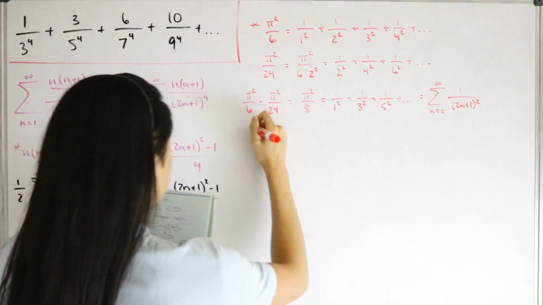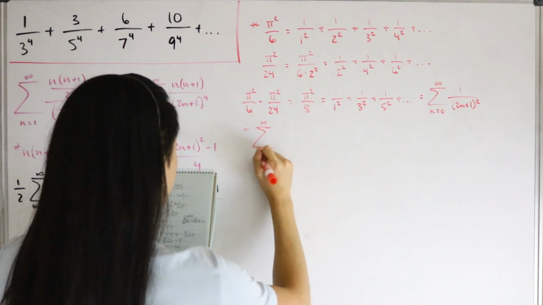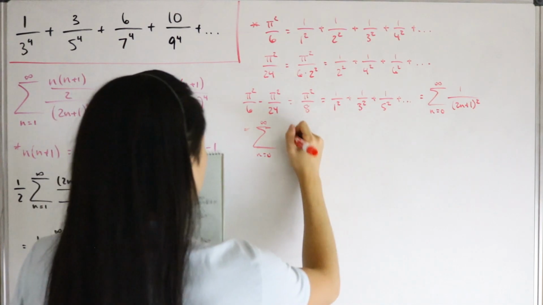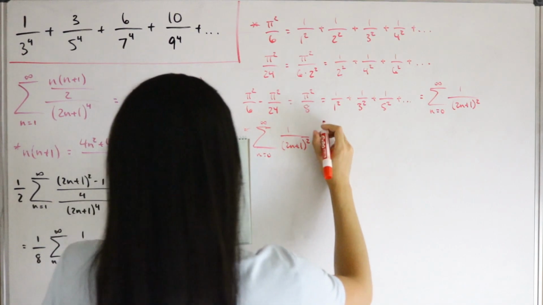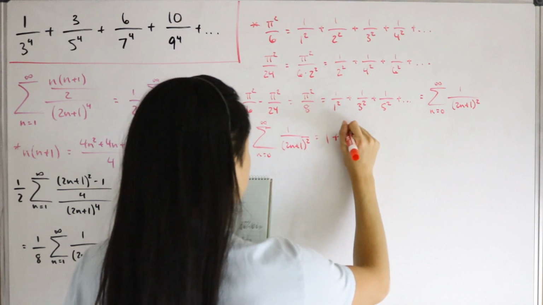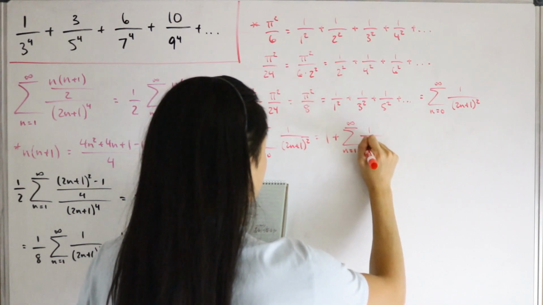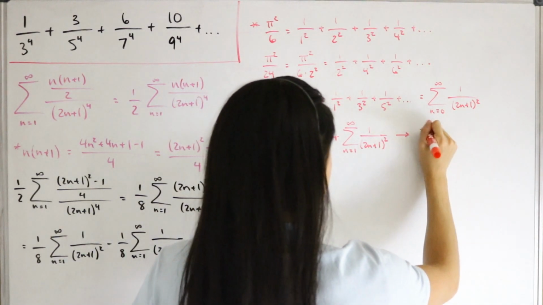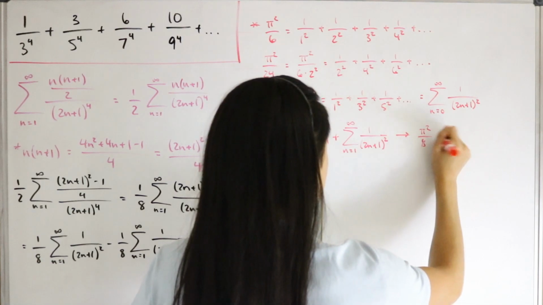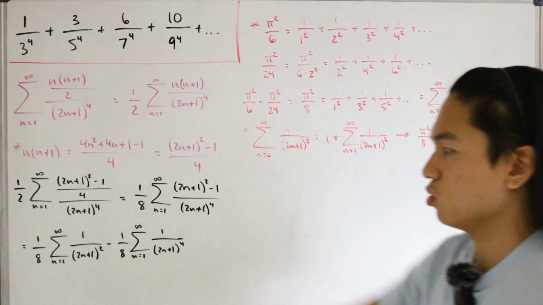So the sum from n equals 0 of 1 divided by (2n plus 1) squared is 1 plus the infinite sum from n equals 1 of the series we're expanding out, which is pi squared divided by 8, and then subtract 1. That's going to be our substitution back over here.